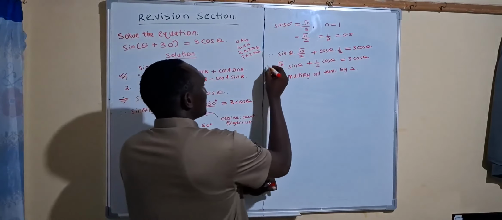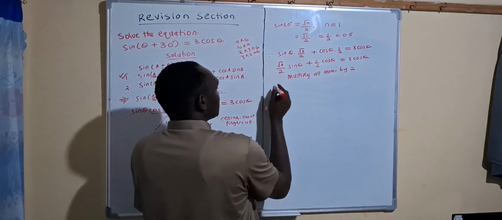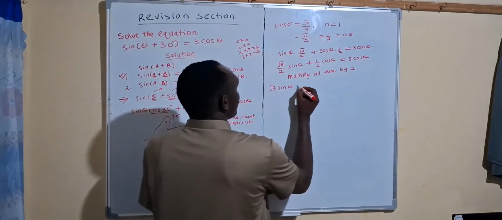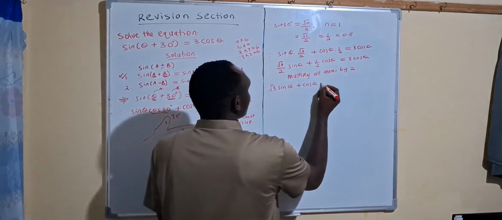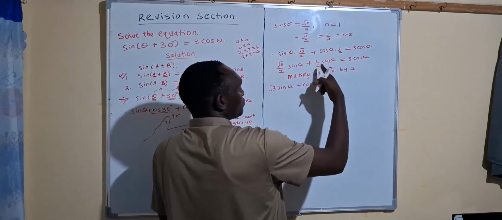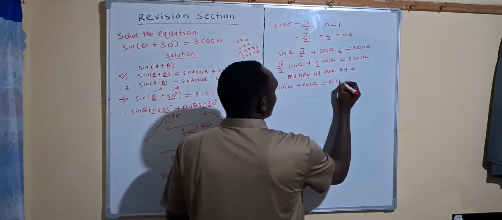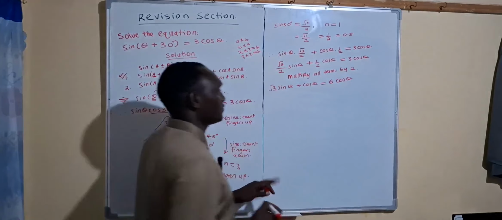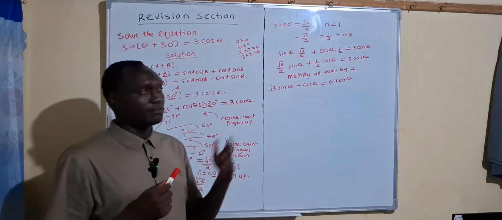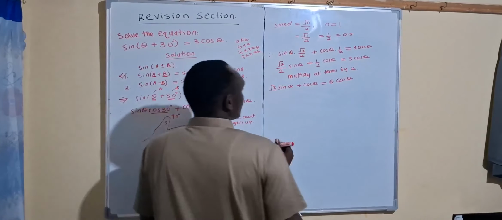So if you multiply here by 2, the 2 will cancel out from here, so that we shall have root of 3 sine of theta plus cos theta equals to, remember, if you multiply by 2, 2 times half is 1, it goes away. Then here it will give us 2 times 3 is 6 cosine of theta. Multiplying all the terms by 2 should not be an issue to you. Now from here, let's collect the right terms.